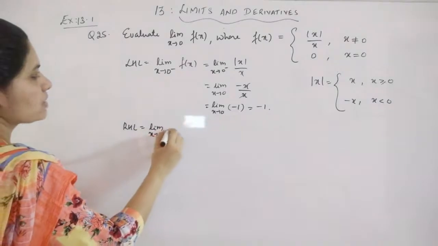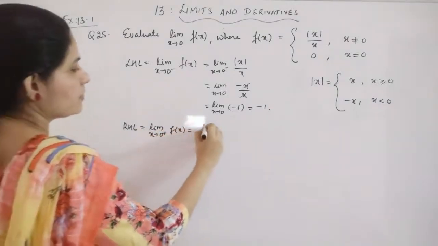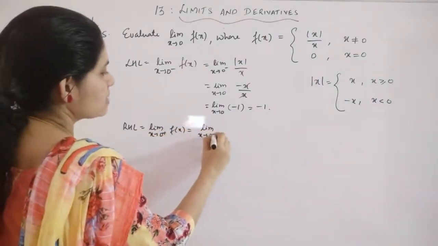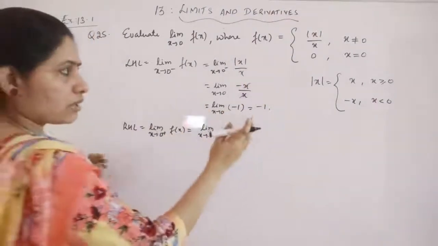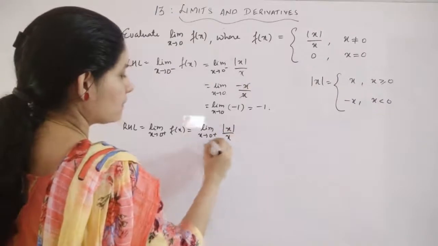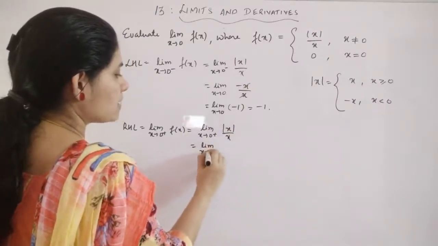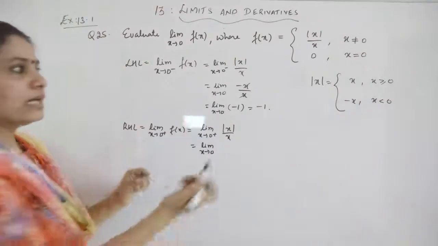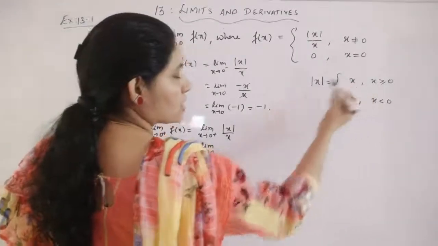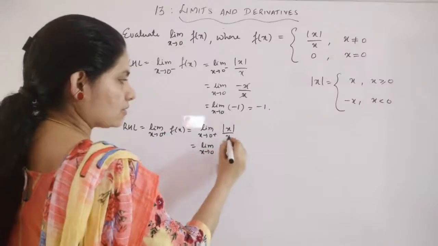limit x tends to 0 plus f of x will be limit x tends to 0 plus of the same function, because x is greater than 0, that means it is not equal to 0. So it is mod x by x only. Now we are replacing the value accordingly, as right hand limit means x is greater than 0. For greater than 0, the modulus function has the value x, mod x equal to x.